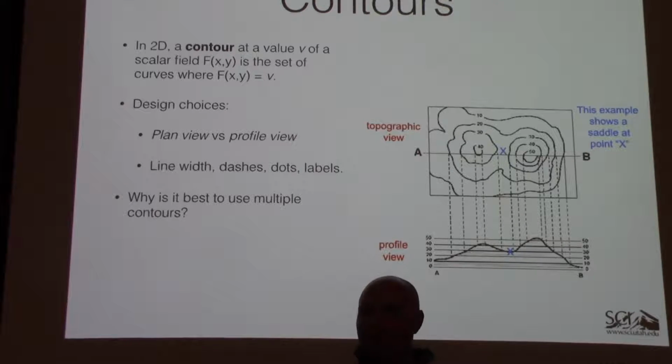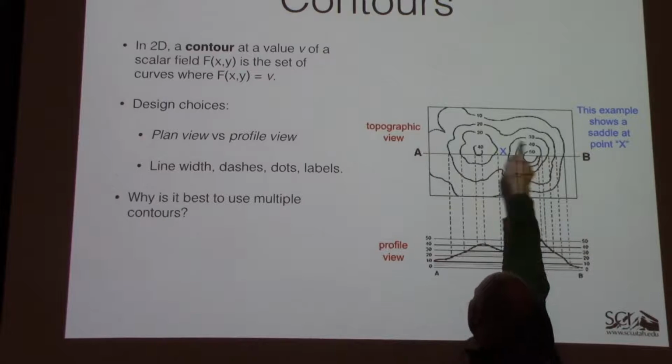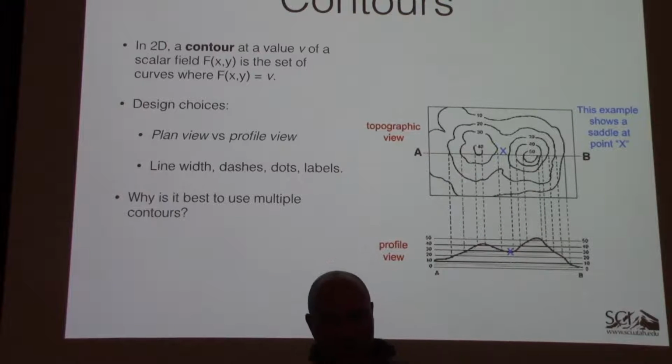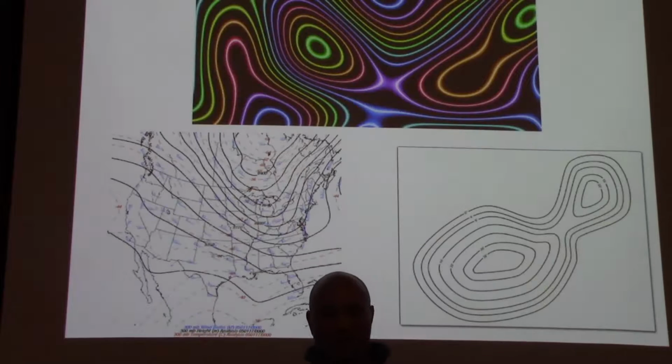There are many ways of representing the contour. You can use line width, dashes, dots. You can label them with the iso value, as you see here. It's fairly intuitive.